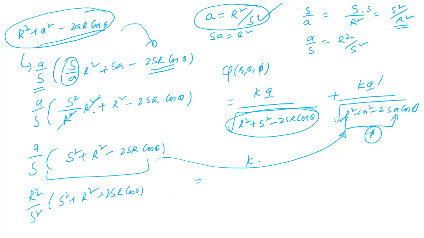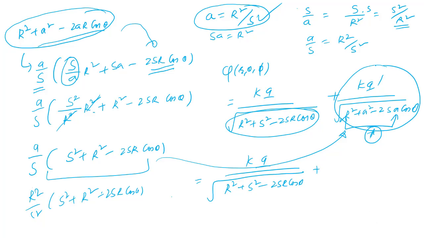So then I would get kq by the square root of r squared plus s squared minus 2sr cosine theta. We did nothing with the first term. We're only manipulating the second term because that's the image charge we placed. kq prime, and under the square root I have r squared by s squared plus r squared minus 2sr cosine theta.